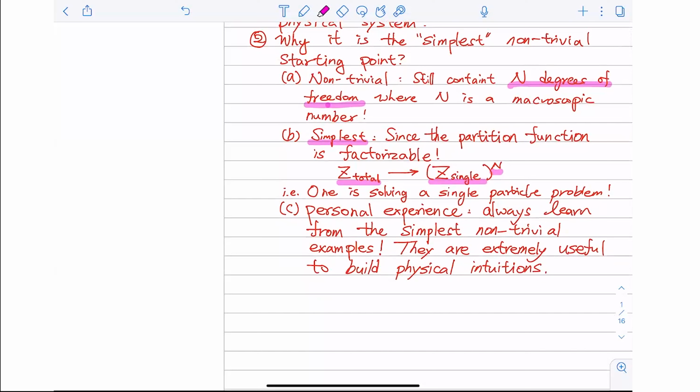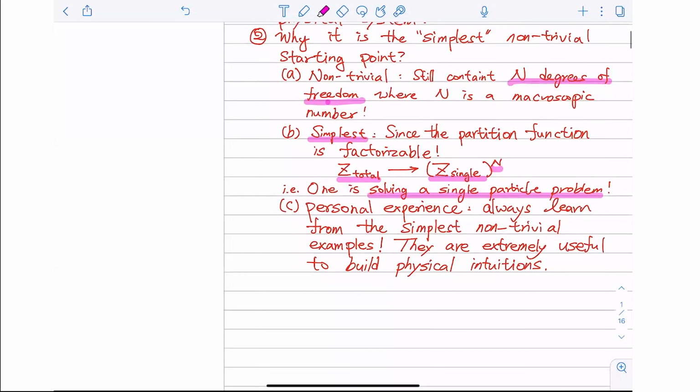So the non-interacting limit is the simplest one because we can reduce the many-body problem into solving a single particle problem. And that significantly simplifies our problem.